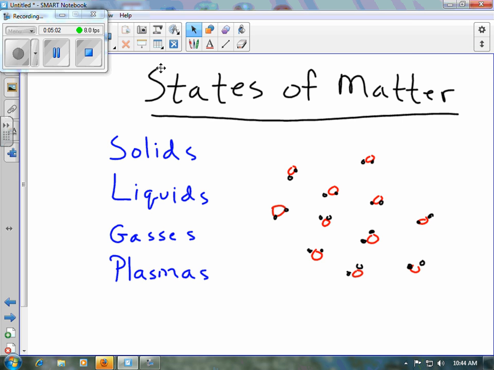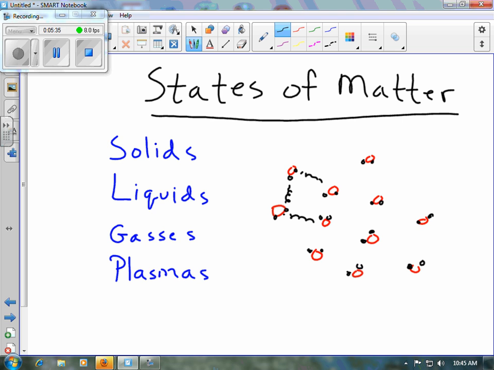Now, in this case, there are still forces between the molecules, right? In water, you have the force of the hydrogen bond, which is a weak force, relatively speaking. It's not as strong as an ionic bond or a covalent bond, but it's a force nonetheless. And the force attracts the hydrogens to the other molecules.